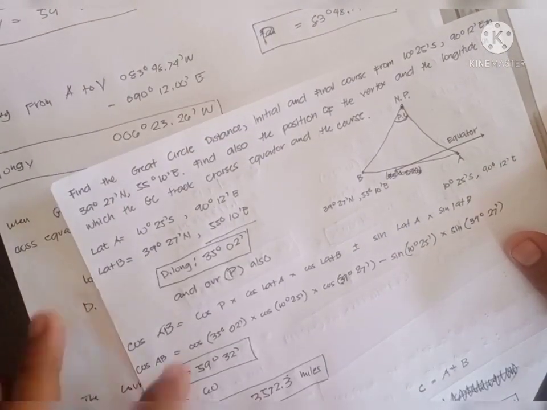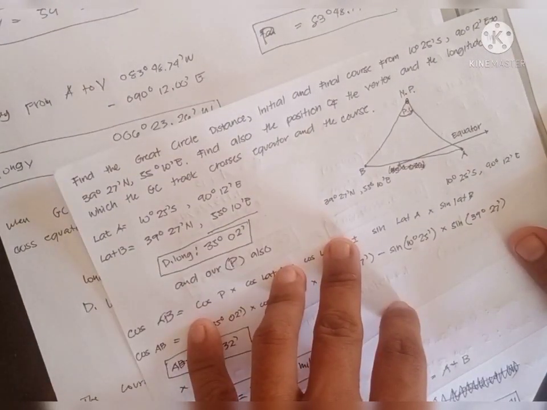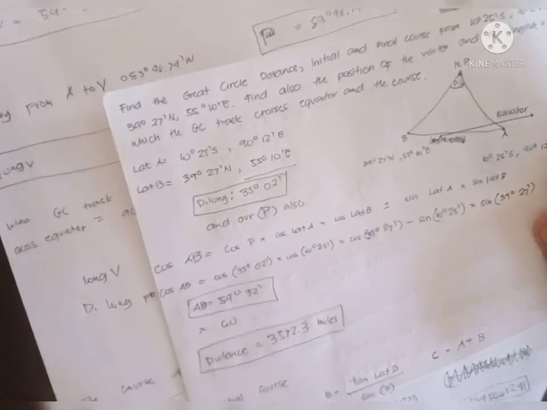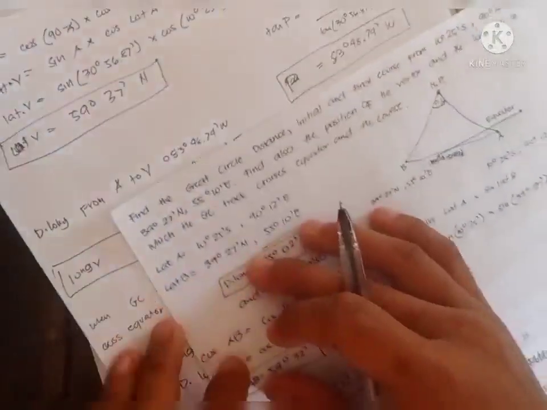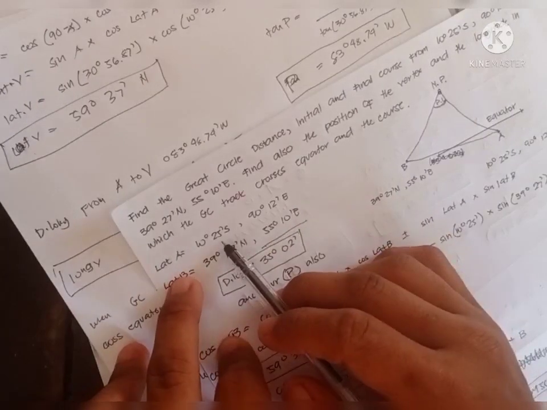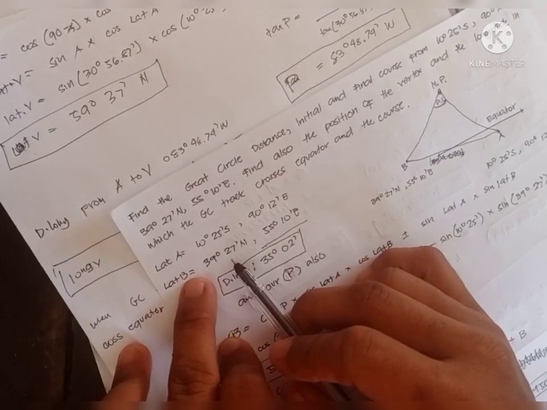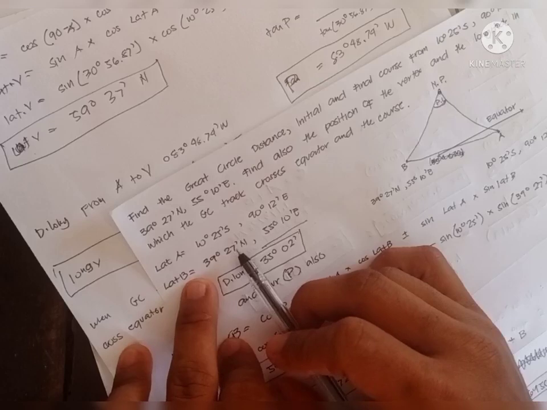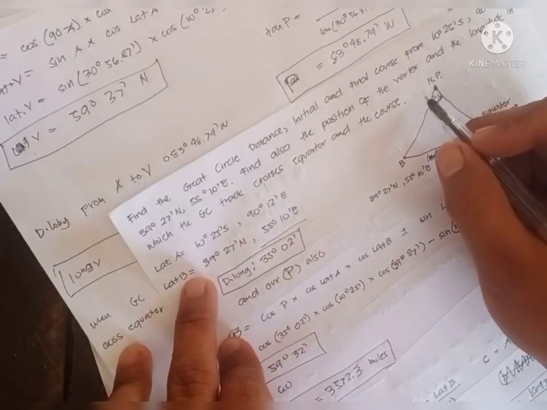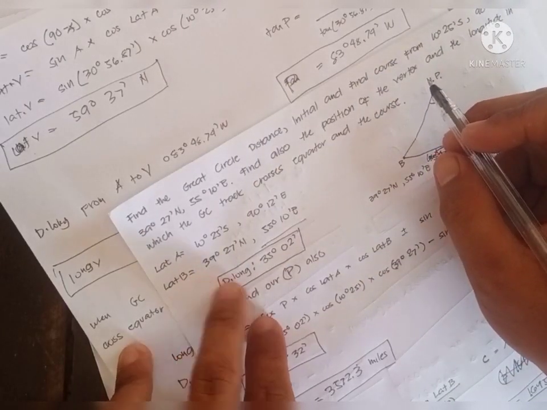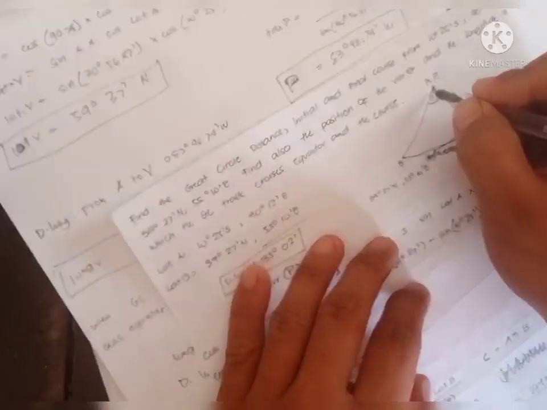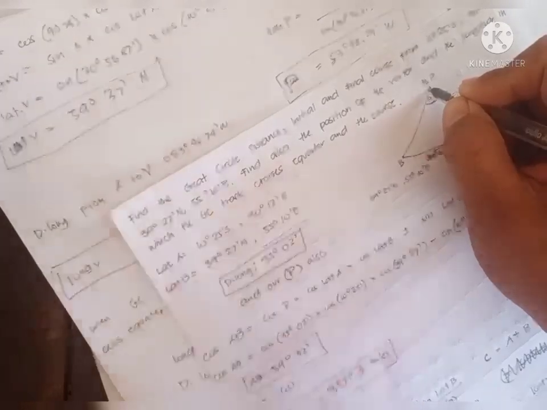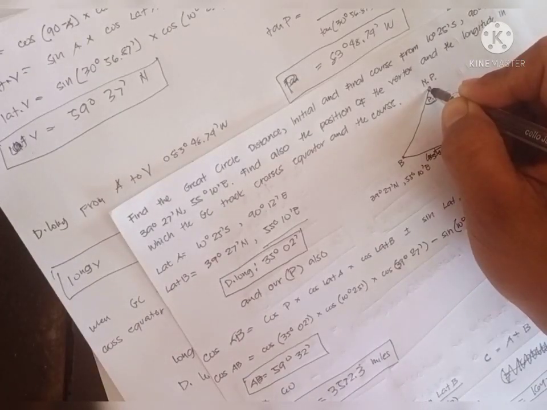And then our V, our vertex, since our lat A is smaller than our lat B, our vertex is located after the B. So let's put it here.